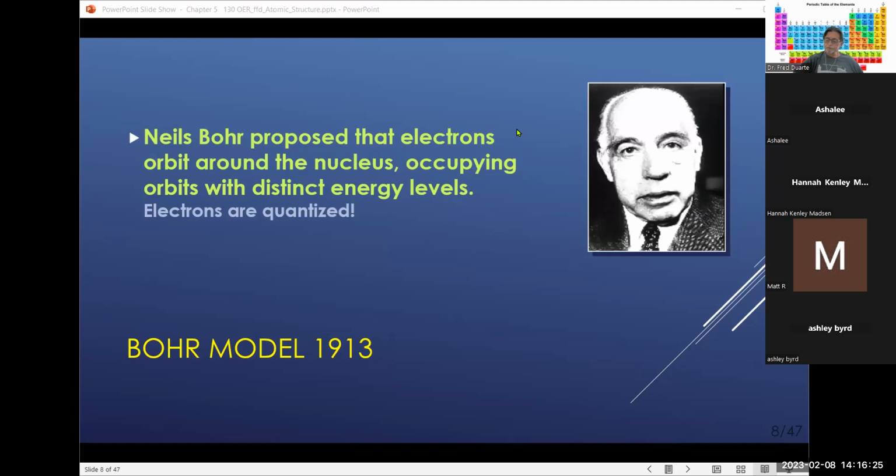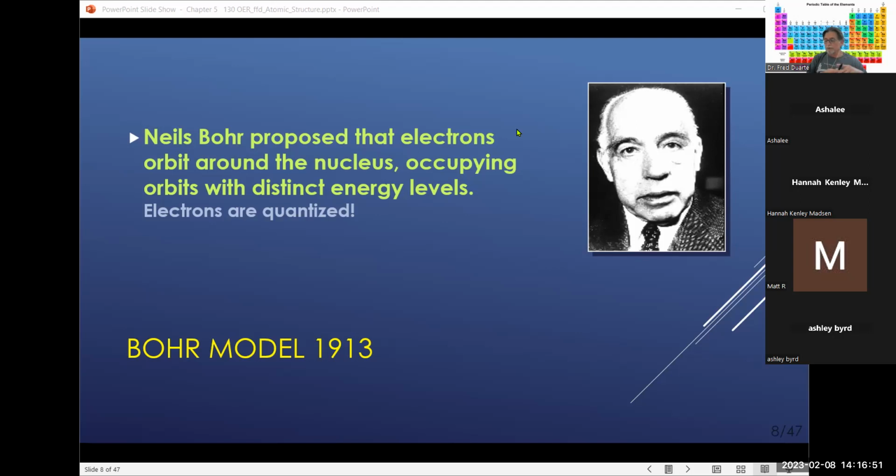Now, we have Max Planck with his idea of quantized light. Here comes another scientist, Niels Bohr. He proposed that electrons, being so small, exhibit properties of light, and that they exist in orbits of distinct energy levels.